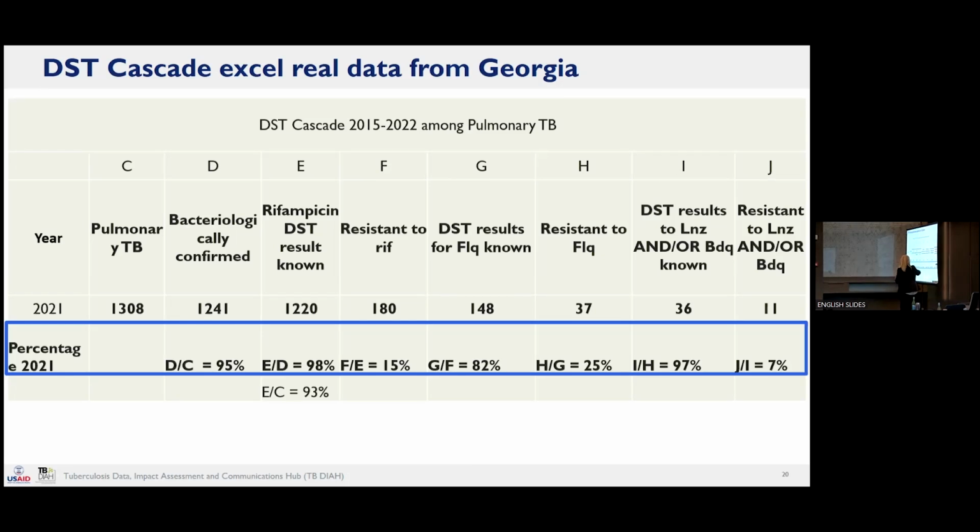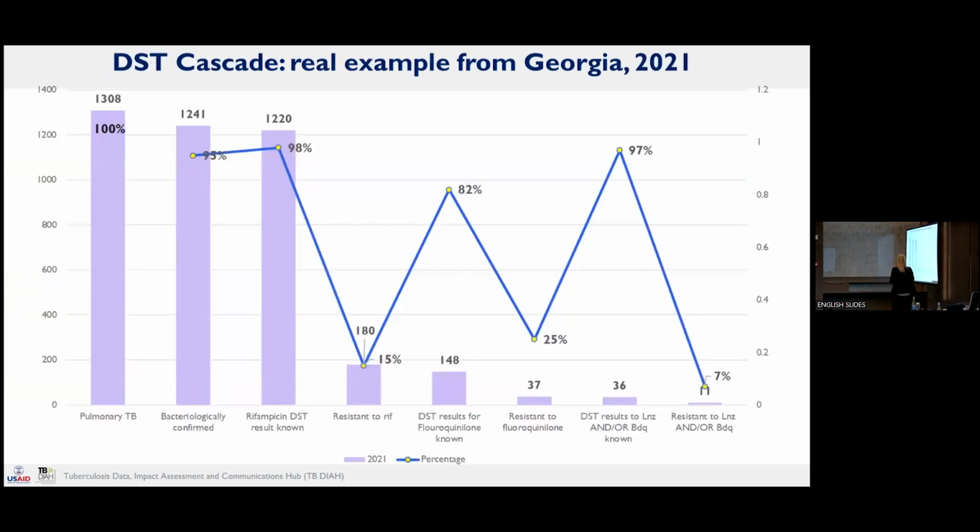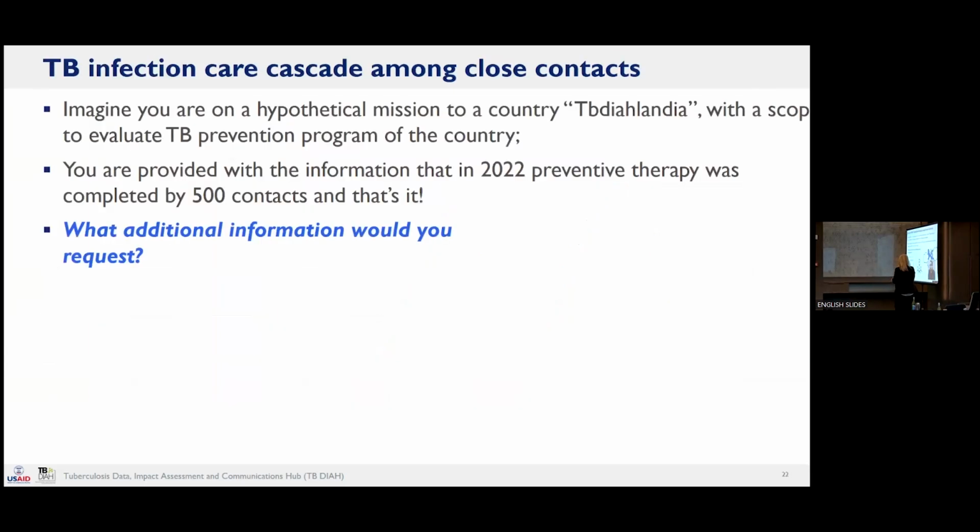So all these data, not only absolute figures, numbers, but also percentages will be included. And here we have this diagram. We can see the quantitative information on the cascade. We can remove the lines, and we will have only the numbers, the percentages.